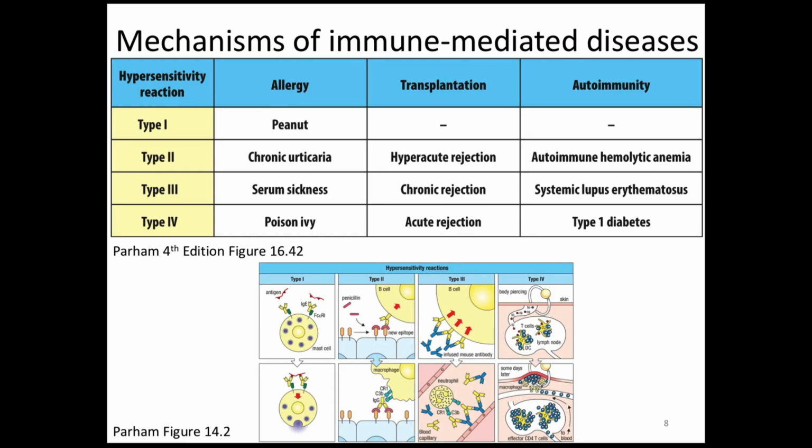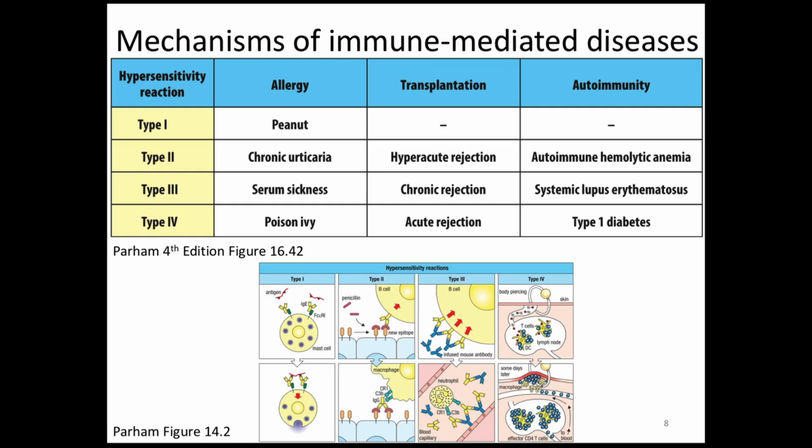So as I told you about before, there is sort of this group of different types of conditions that all are related to kind of too much immune system, too much immune response. These include hypersensitivity reactions, autoimmune reactions, and transplant reactions.